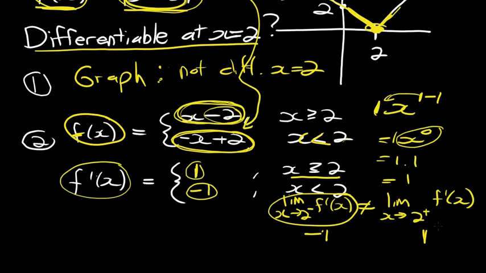Therefore it's not differentiable, because the gradient just left of the point and the gradient just right of the point are not equal to each other.